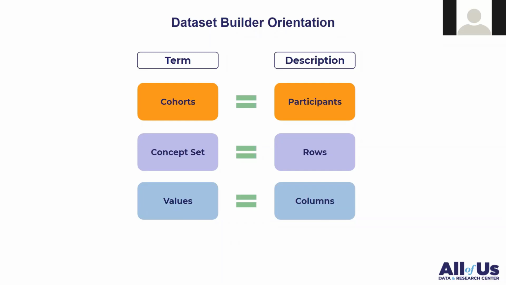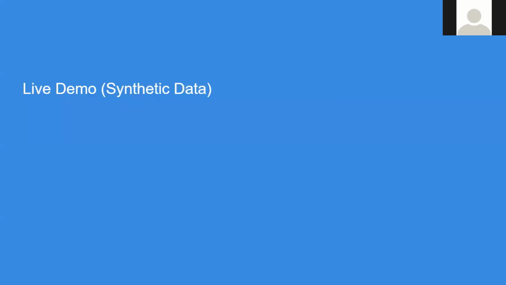So as you've built out, here's the subset of participants I want to study, and here are the specific rows of data I want to study, we also give you the chance within our Dataset Builder tool to fine-tune which columns are relevant for your analysis. And at the end of this process, you went from all possible people and rows and columns of data in this massive data set to a much smaller, manageable section of data relevant to your specific analysis.